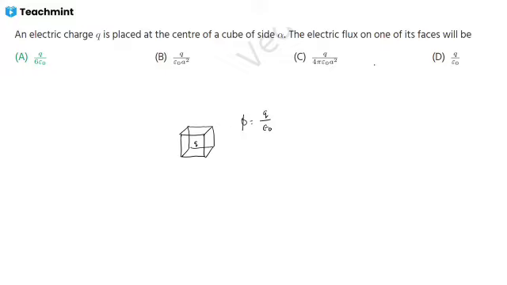Now they are asking the electric flux on one of its faces, children, that means the flux through one face of the cube. How many faces are there? Totally for a cube, 6 faces. That means the total flux q by epsilon naught will be equally divided among each and every face of the cube. That is q by 6 epsilon naught. Okay. Next question.